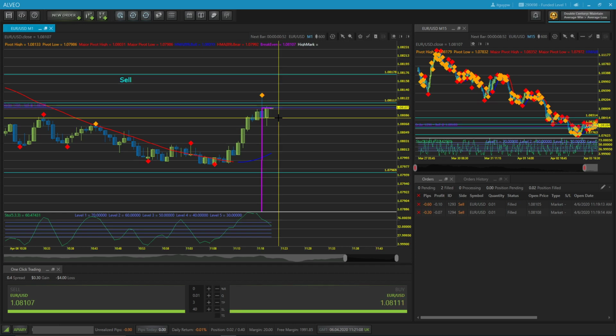That allows me to stay in the winners longer with pretty much little risk. I've already taken some profit there. And as long as the price is moving in my direction, then I shouldn't have any issues with the best position.